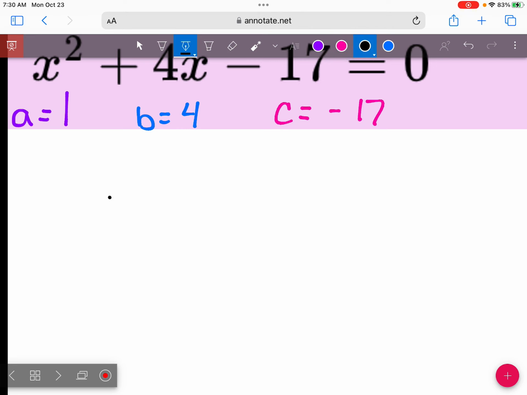So what we're going to have is x equals, and I always draw my big old fraction line first. And I am going to do color coding like crazy pants right now.